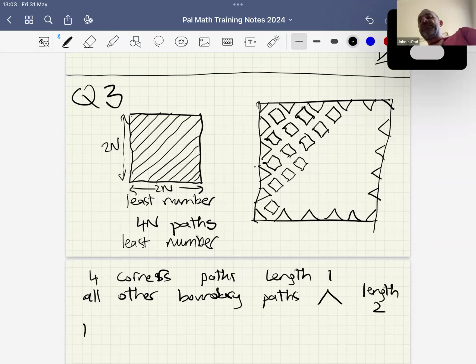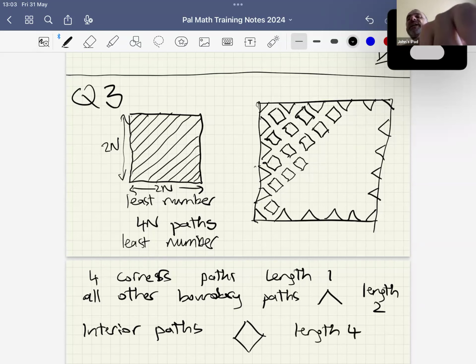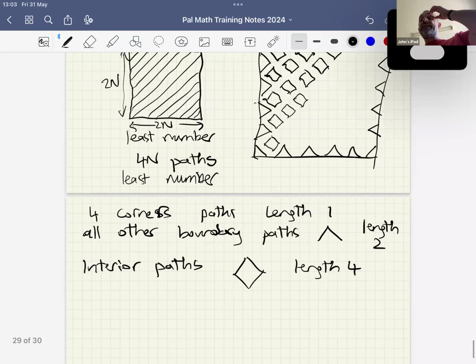And then you've got the interior paths. And these are basically squares, and they've got length 4. So each path has the minimum possible length. So you've got the maximum possible number.